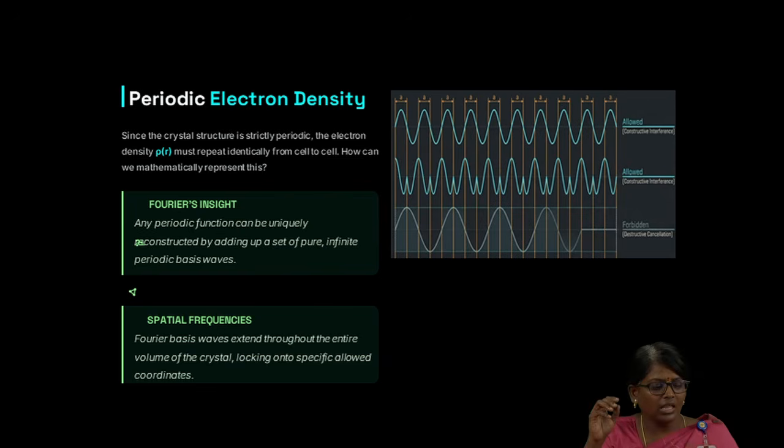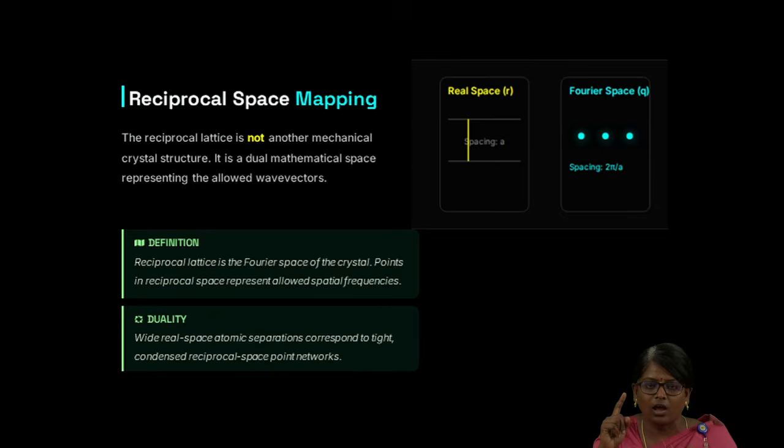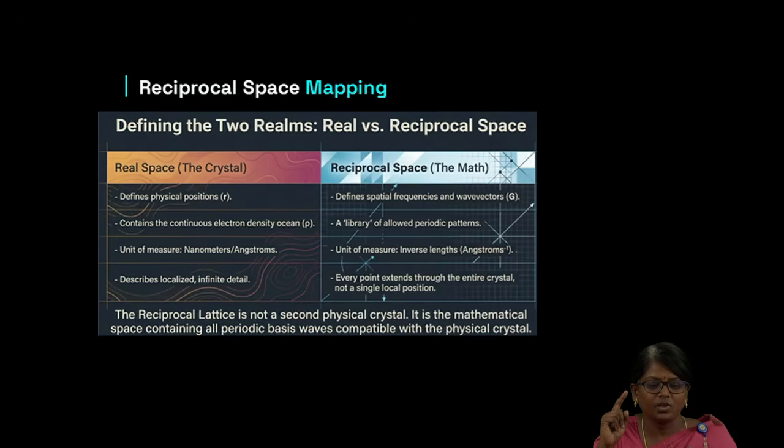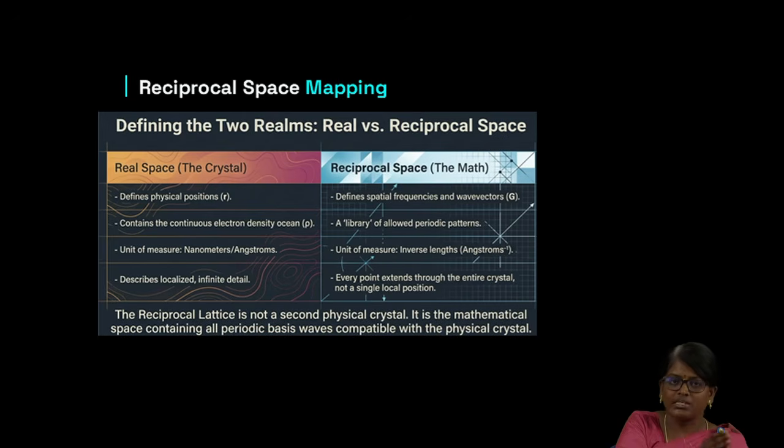That means the crystal should see equal spacing or similar phase of the sine wave. So any periodic function can be represented as a Fourier series. Our electron density is a periodic function and we are going to represent it as a Fourier series. Again, not all sine or cosine components are allowed, only certain frequencies. Those certain frequencies or wave vectors form the reciprocal space or reciprocal lattice of the crystal. For a crystal we have a real lattice and a reciprocal lattice.